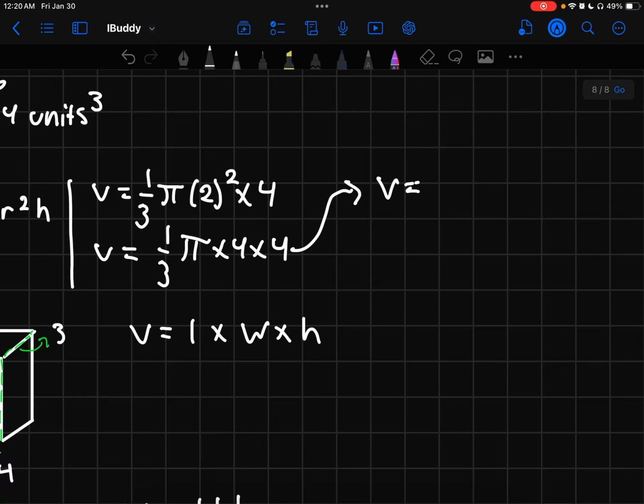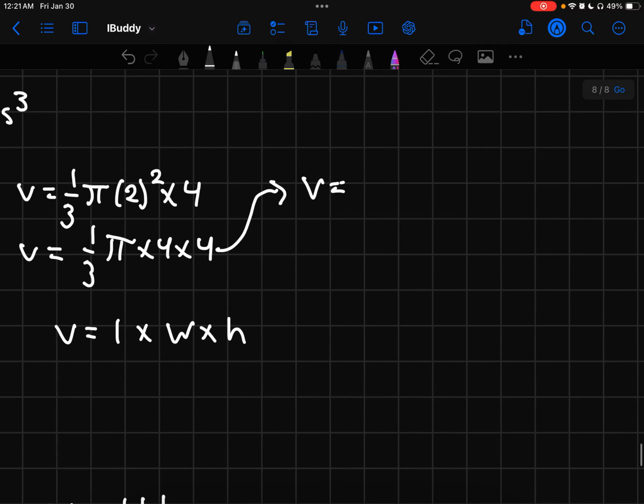V is equal to 16 over 3 times pi. So we basically got 16 over 3 from the 4 times 4 because 4 times 4 is 16.